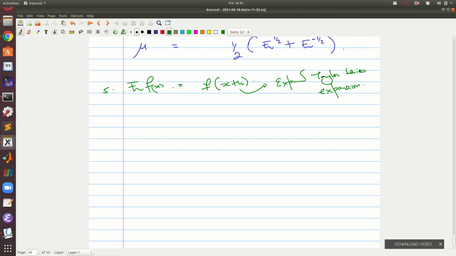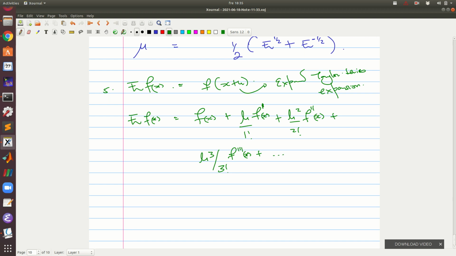Now if we expand that, we can write that it is going to be equal to, by a Taylor series expansion, f of x over 1 factorial, plus h times the first derivative, plus h squared over 2 factorial times the second derivative of f, plus h cubed over 3 factorial, third derivative of f.